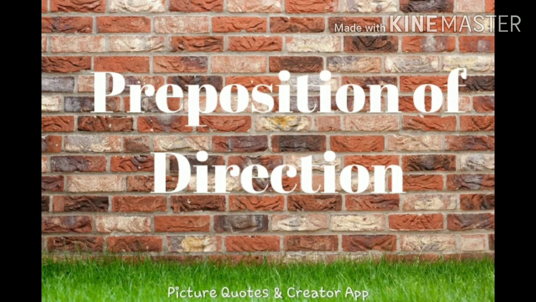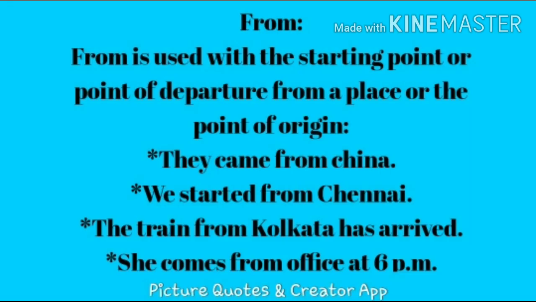Now let's see a few prepositions used to indicate directions. The first one is from. From is used with the starting point or point of departure from a place, or the point of origin. The first example, they came from China. So that is where it started.